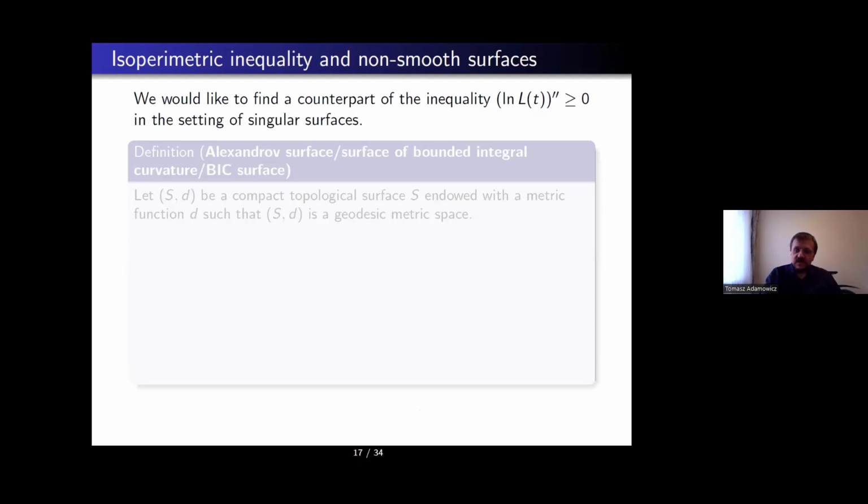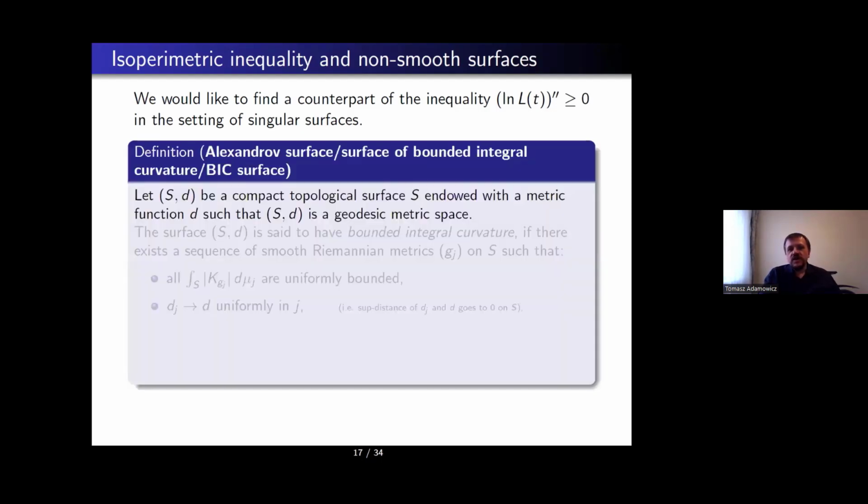And it turns out that such a counterpart exists, but before I formulate this result, we need some definitions introducing the objects. Namely, we need to recall the definition of Alexandrov surface, also known as surfaces of bounded integral curvature, or BIC surfaces for short. So suppose that S and d is a compact topological surface S endowed with a metric d, such that in this metric S is a geodesic metric space.